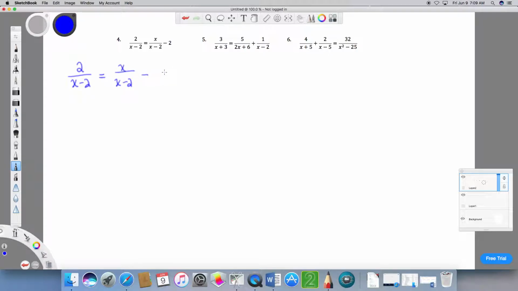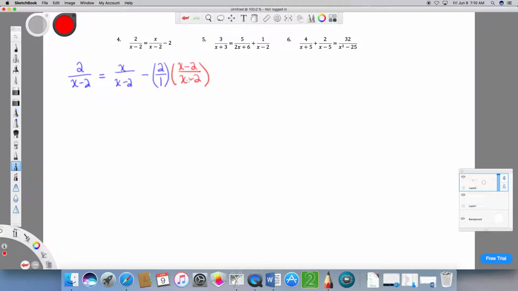But here with this minus 2, we look at that as 2 over 1, and we see that this does not have the same denominator as the other two terms. So we need all these terms to have the same denominator. So we're going to multiply this 2 by the number 1, but we write the number 1 as x minus 2 over x minus 2. Now, all three terms have the same denominator.